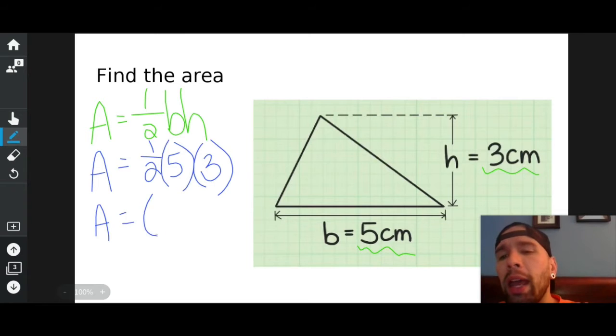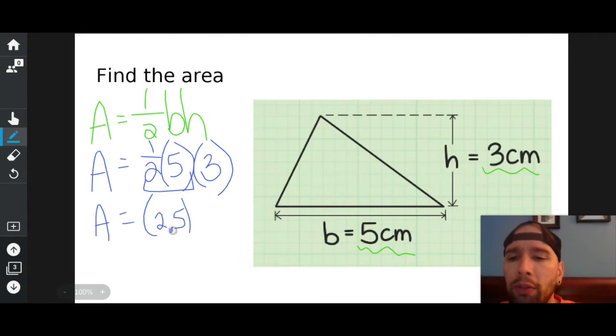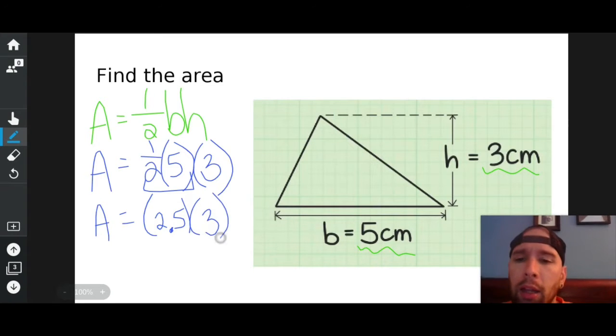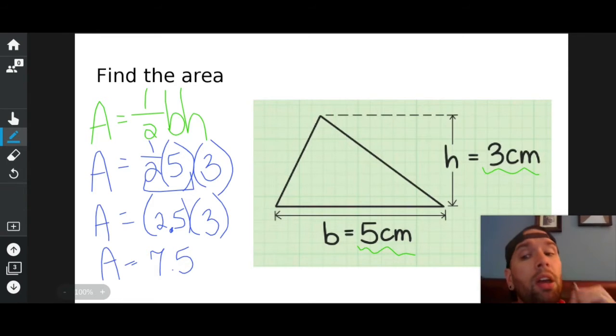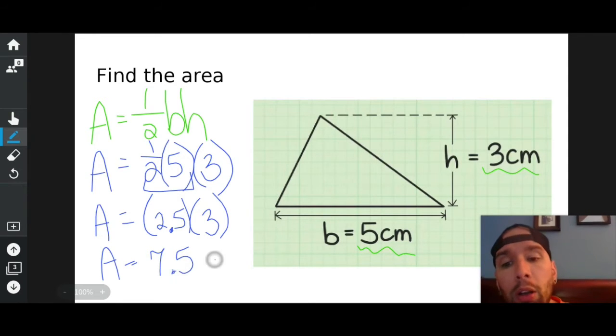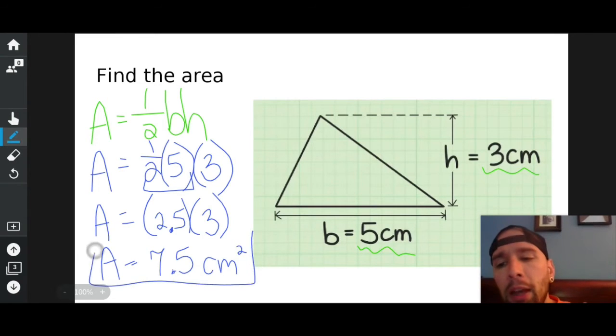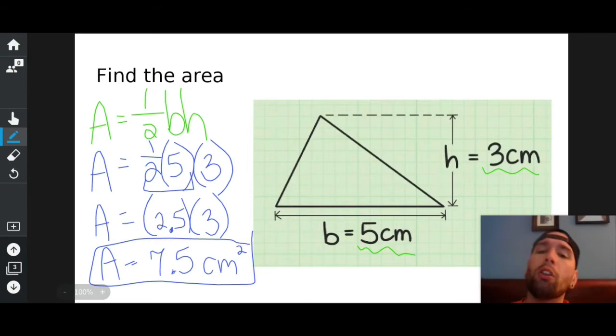Half of 5 is 2.5, and 2.5 times 3 is 7.5. My area is 7.5. 7.5 what though? Centimeters squared. Remember, the area is measured in units squared. So my area in this case is 7.5 centimeters squared.